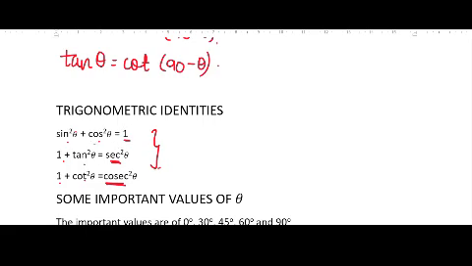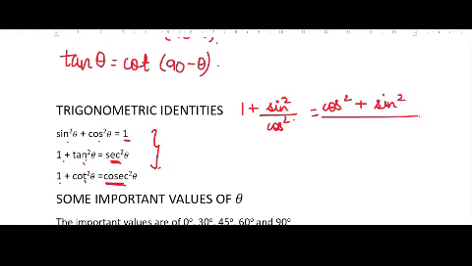Otherwise, you can actually derive these two on simplification. If you have 1 plus tan square theta, it's 1 plus sine square upon cos square, right? So you can take cos square common, so it becomes cos square plus sine square upon cos square.